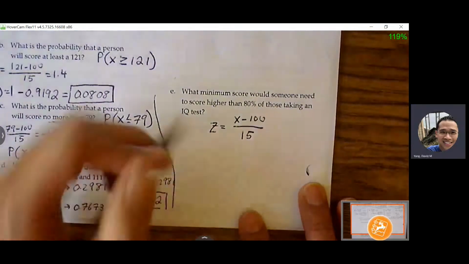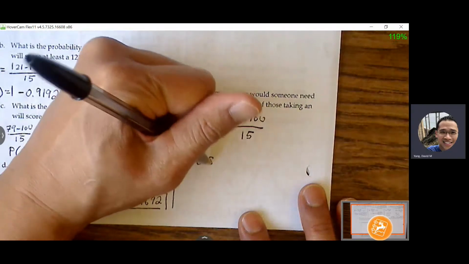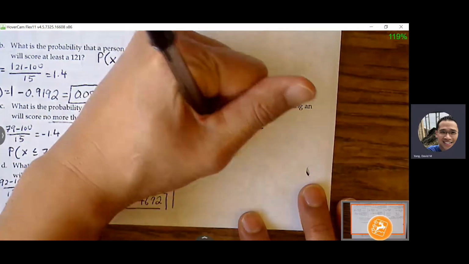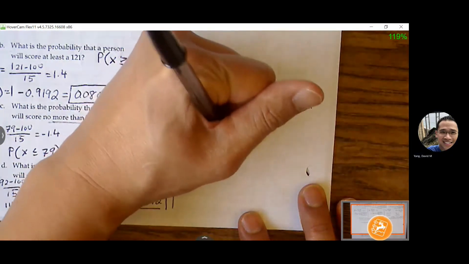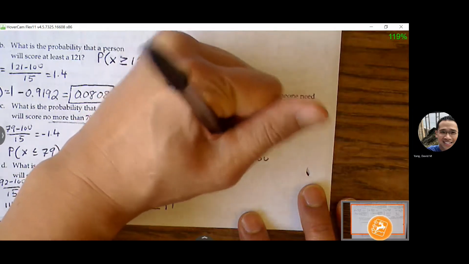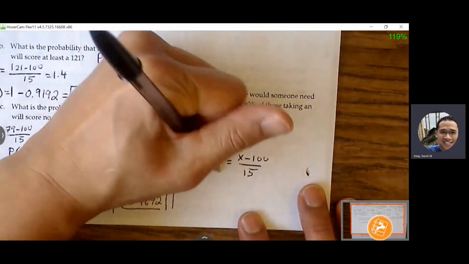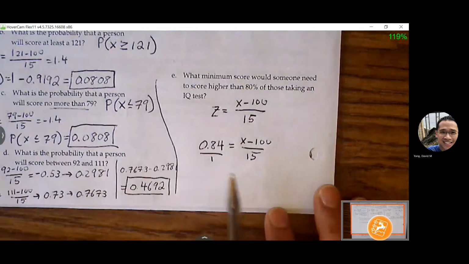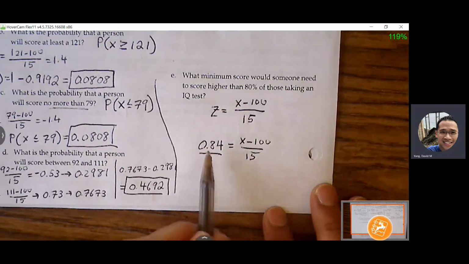So the z-score is 0.84. So we're kind of just working our way backwards, and solve for x. A little bit backwards here, but let's just work our way through.